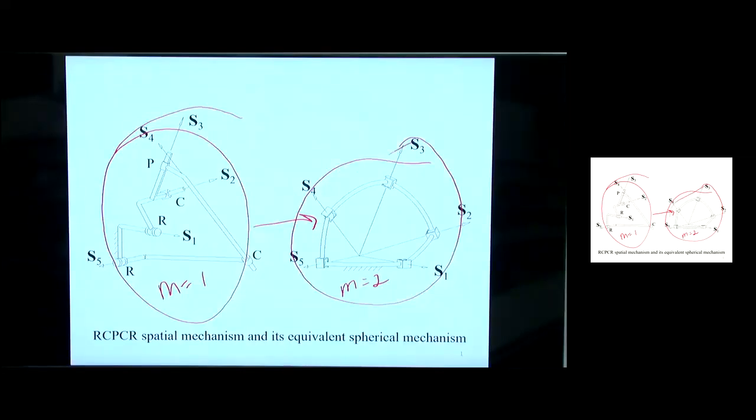None of these equations had any of that. Life was great when we were over there. But that's what's going to happen because the 1 degree of freedom spatial mechanism, because it's equivalent spherical, is 2 degrees of freedom. Again, in the toolbox, the best we can do is 1 equation and 2 unknowns. So we're going to have to go over here and find another equation in those same 2 unknowns, and then figure out how to solve that. So it's more challenging, but I really like them.